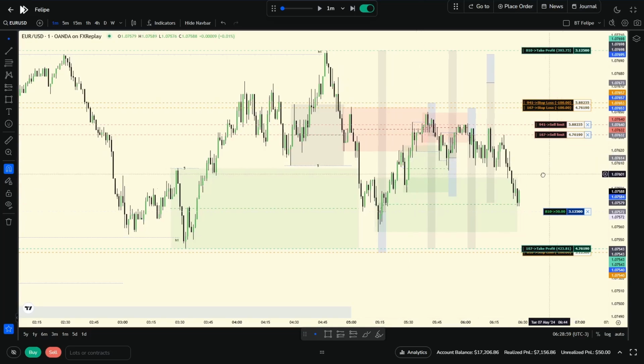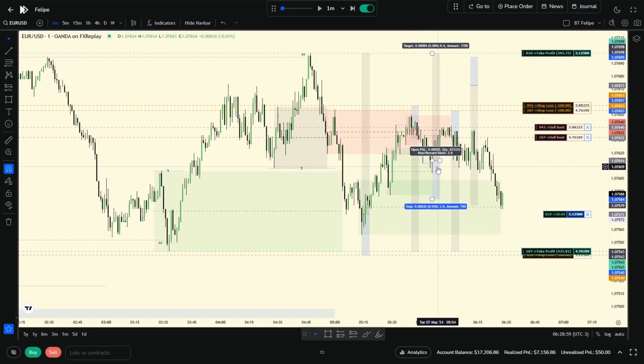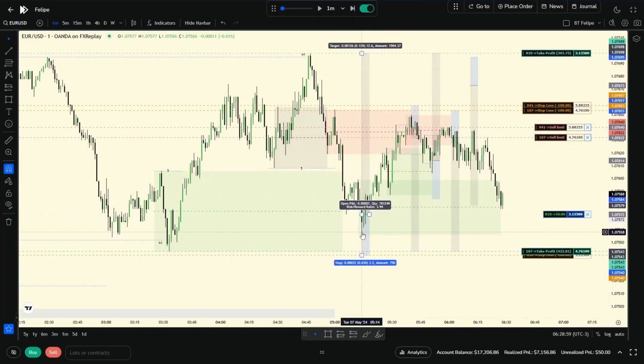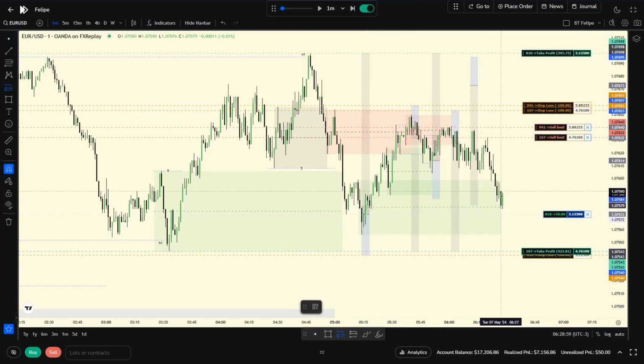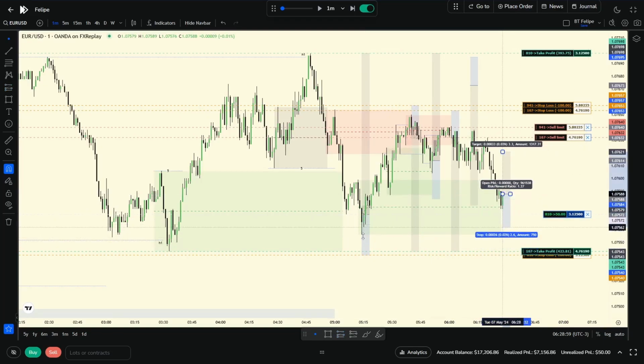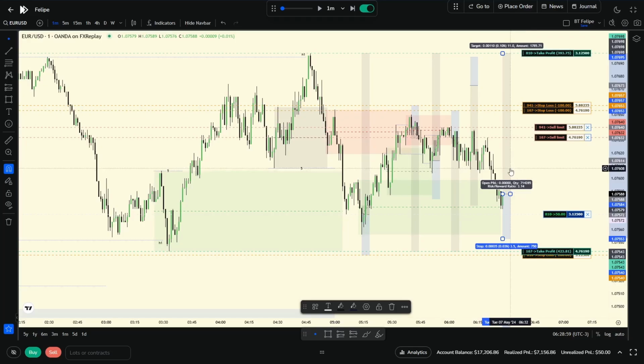If you consider this manipulation, this was in the middle of the leg. This is at the extreme of the leg. $3.14.